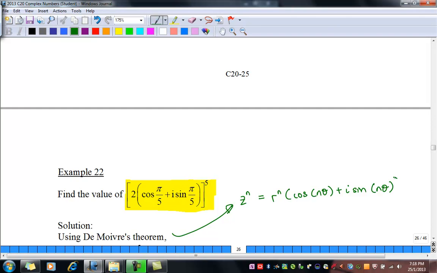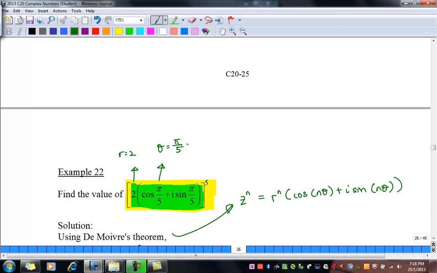And in this case, let us try to identify what is r and what is theta for this question. Now let's focus our attention to what is within the bracket over here. And I can see that this is of the form r cosine pi over 5 plus i sine pi over 5, where r is equal to 2 and theta is actually just pi over 5.